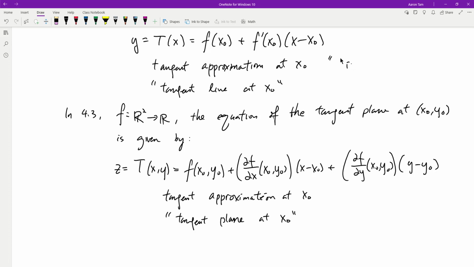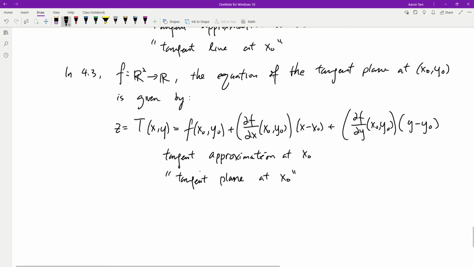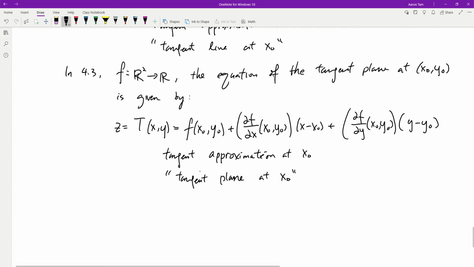Or maybe I'll write it this way. So one of the differences between these two things is this. For tangent approximation, we will define them more or less explicitly.